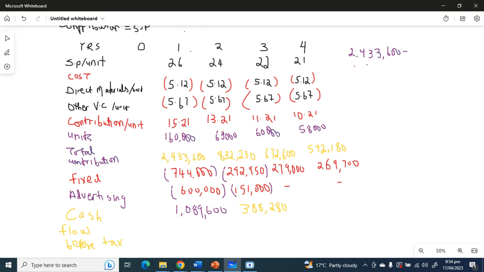Another way you can also do it, you can just do 832,230 plus negative 292,950 plus negative 15,100. Why we're calling them negative, because these are costs, money coming out of our pocket. That's why they're being put in brackets.